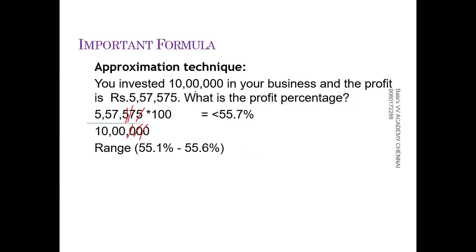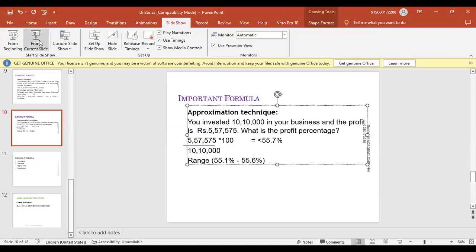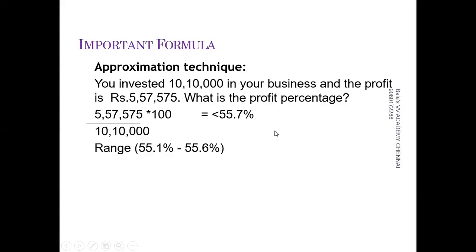Correct? If this is the case, instead of 10 lakh, if you invest 10 lakh 10,000, with the same logic, you could say my profit is somewhere around 55.1 to 55.6, because it cannot be 55.7, because there is an extra 10,000 added here.